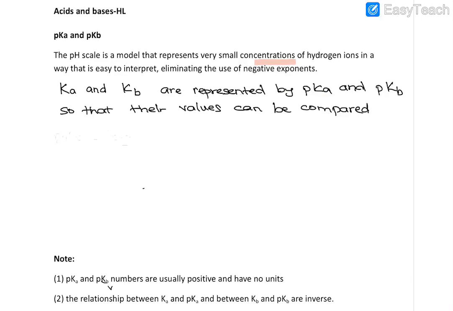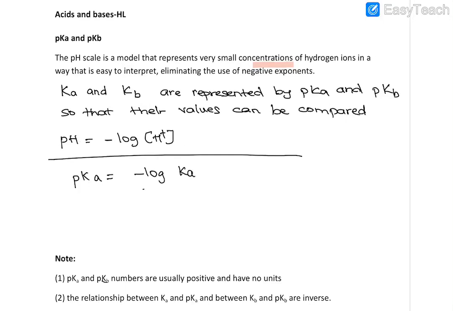So just like pH is equal to minus log of H plus concentration, pKa is going to be minus log of Ka. And from the same reasoning, pKb is equal to minus log of Kb.